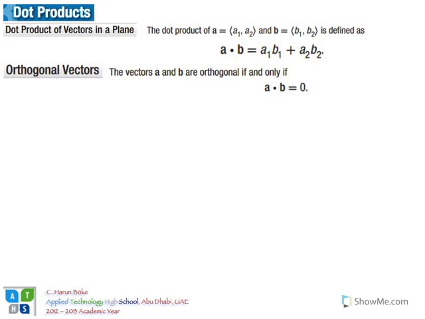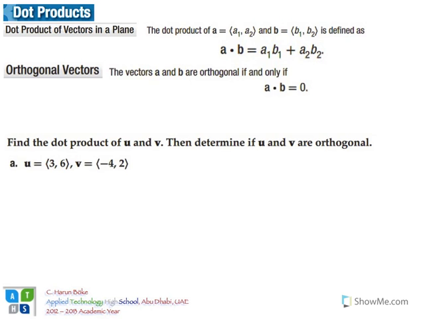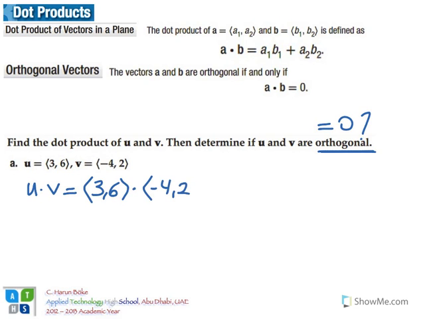Let's see an example. Here the question says, find the dot product of U and V, and then determine if U and V are orthogonal. I mean, check if the product is equal to 0 or not. So, let's calculate the dot product. U dot V will be (3, 6) dot (-4, 2).